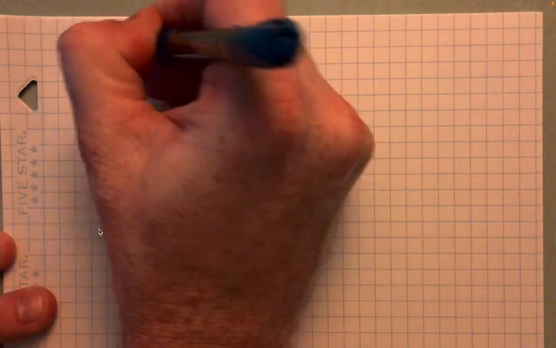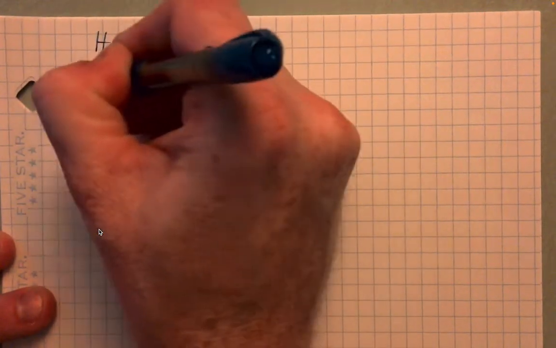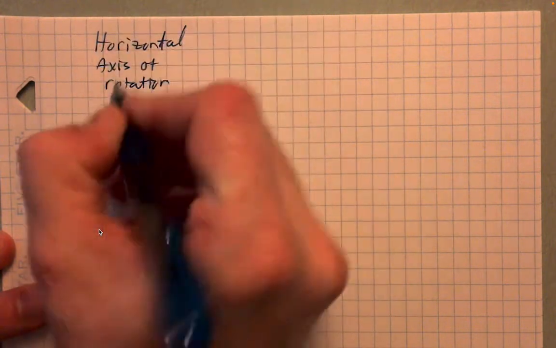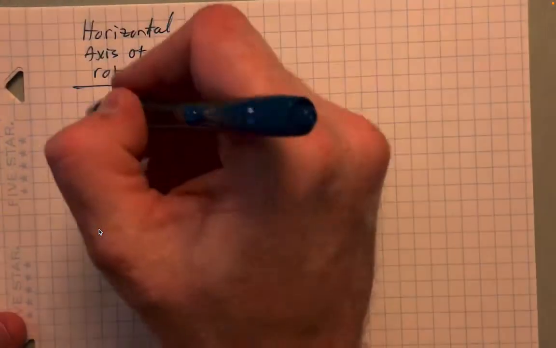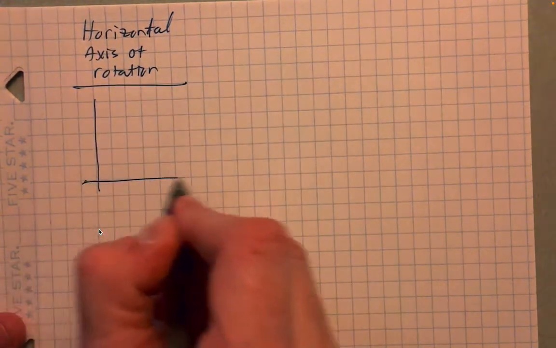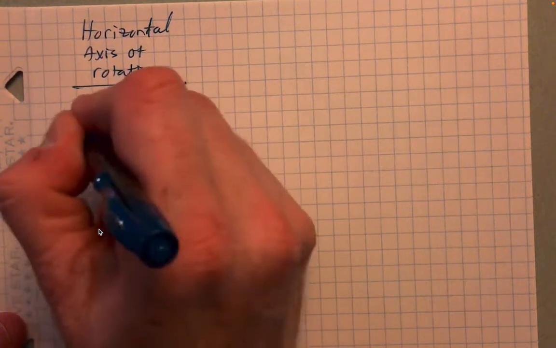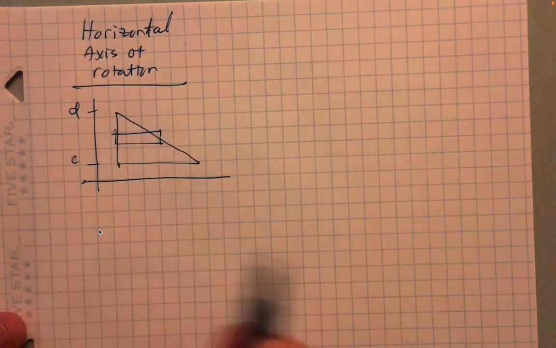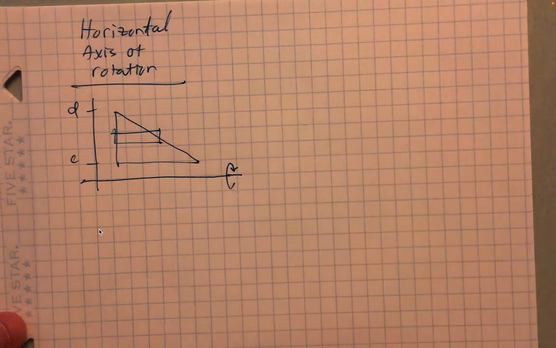Okay. So we've been talking about just the horizontal setup. Let's recap that. If you have a horizontal axis of rotation, that's what we've been describing. You're going to have some shape, and your representative rectangles are going to be parallel to the axis of rotation.